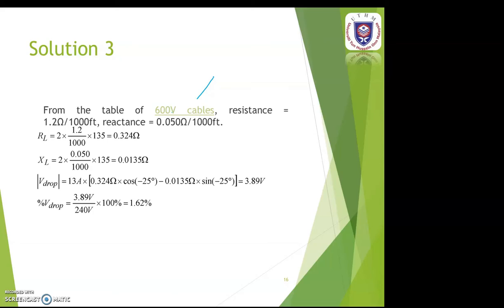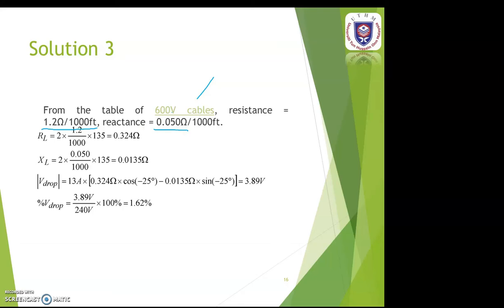From this table you can get the AC resistance for uncoated copper wires, which is 1.2 ohm per 1000 feet. Then for the reactance, you search the reactance for all wires column, and you get 0.005 ohm per 1000 feet.